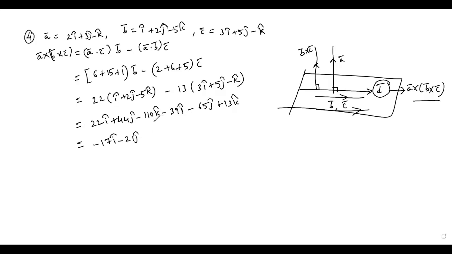Minus 21j. Minus 110 plus 13, that is clearly minus 97k we will get.